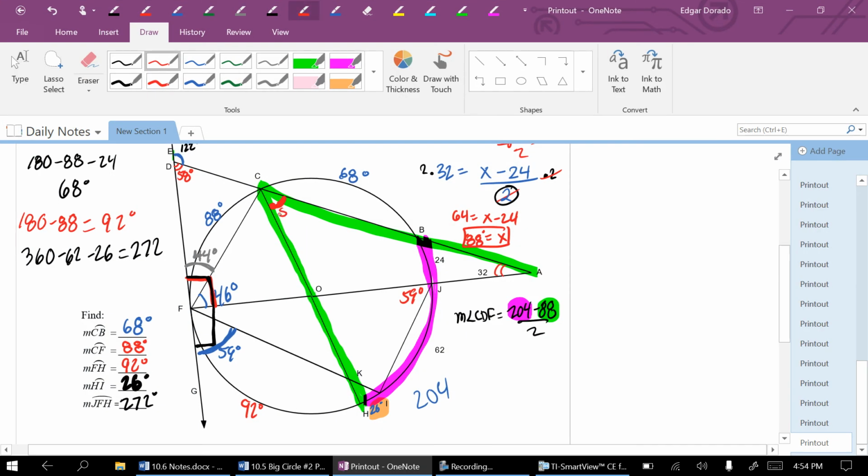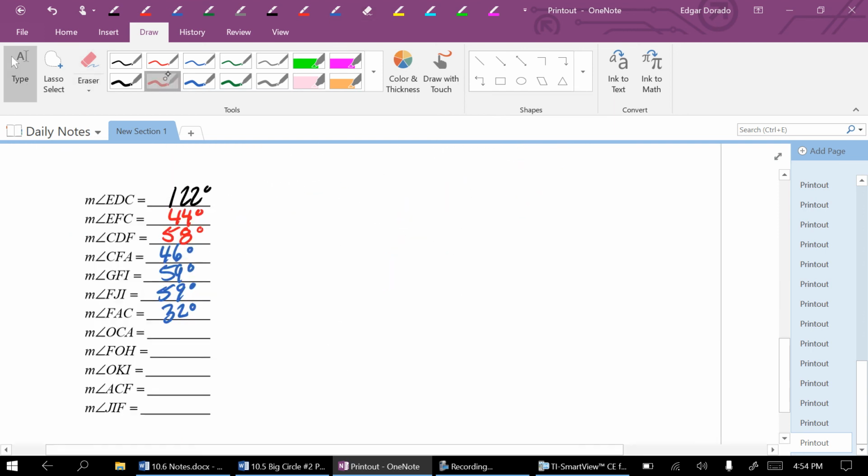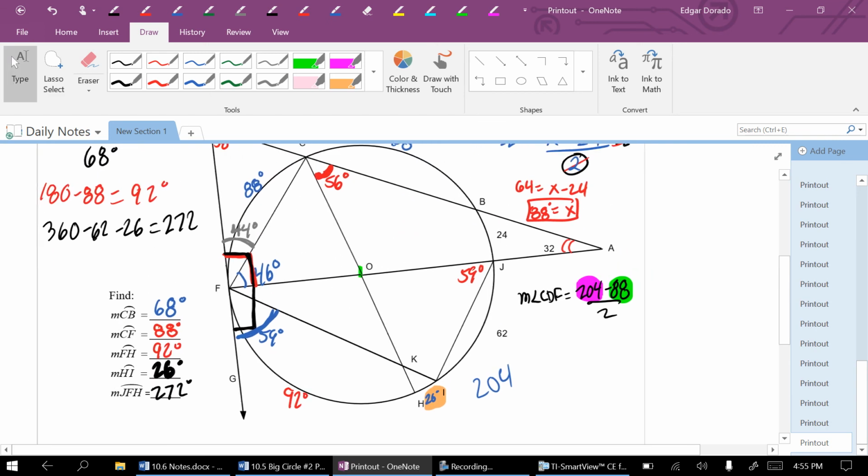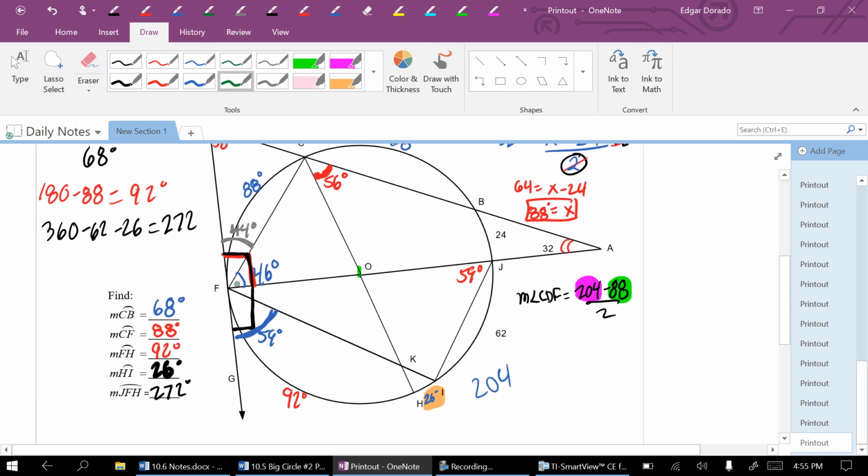So 56 degrees. All right, let's go ahead and do some erasing here. So we found it, at least, guys. This was 56 degrees. The next one is going to be FOH. Where is FOH? Let's see. FOH right here.